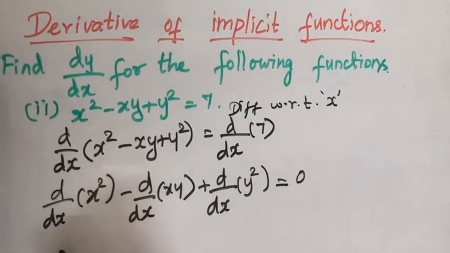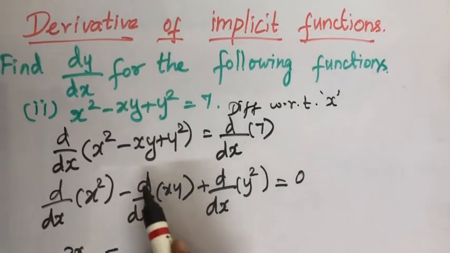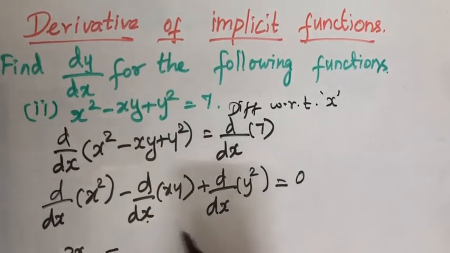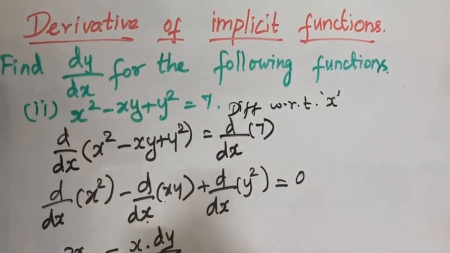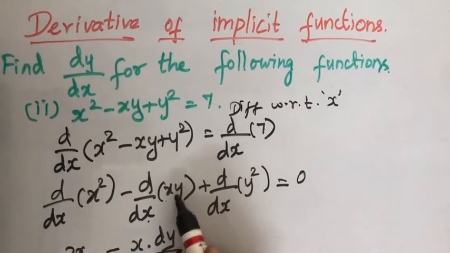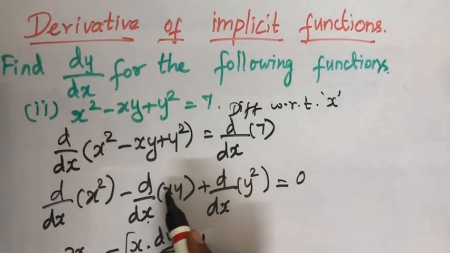d by dx of x square, that is 2x, minus d by dx of xy, a uv function. So, u into v dash plus v into u dash. So, x into dy by dx, while differentiating y we have to write dy by dx, plus y into, we have to differentiate x.